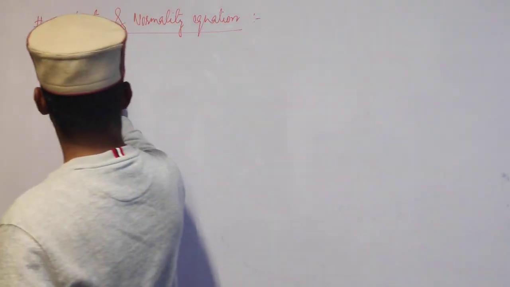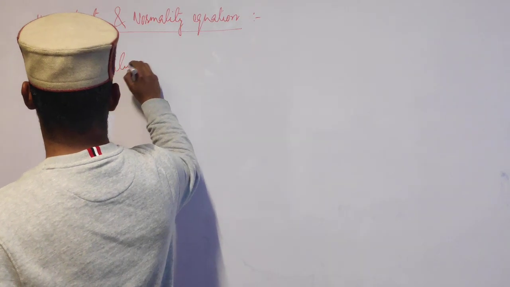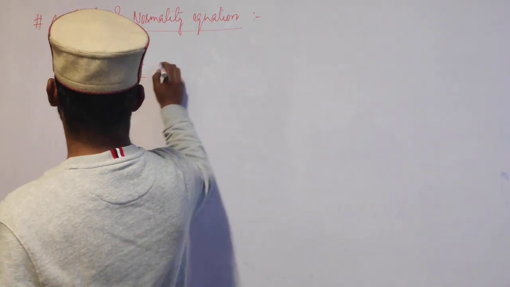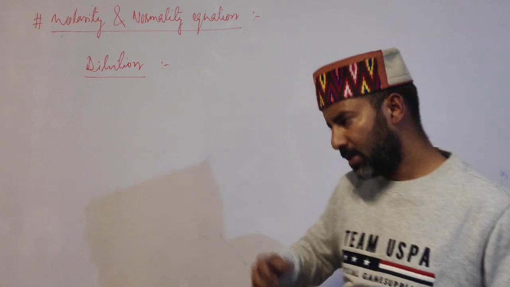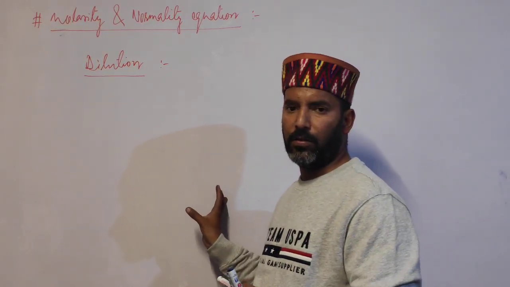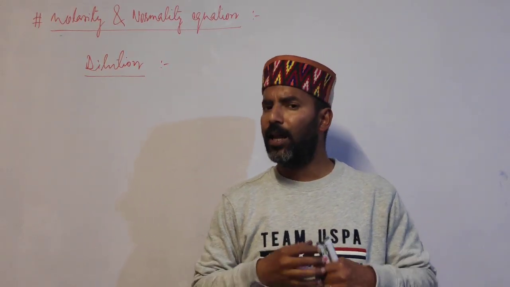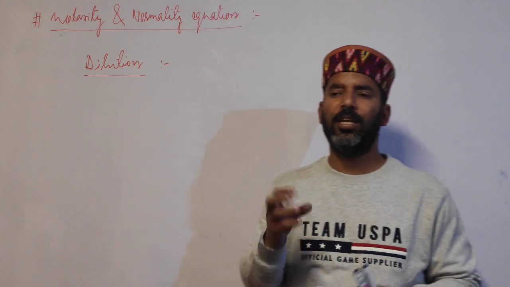Now students, we have the first case, dilution. Now dilution means we add solvent to the original solution. So when we add solvent to the original solution, students, what will happen? We say the solution gets diluted.